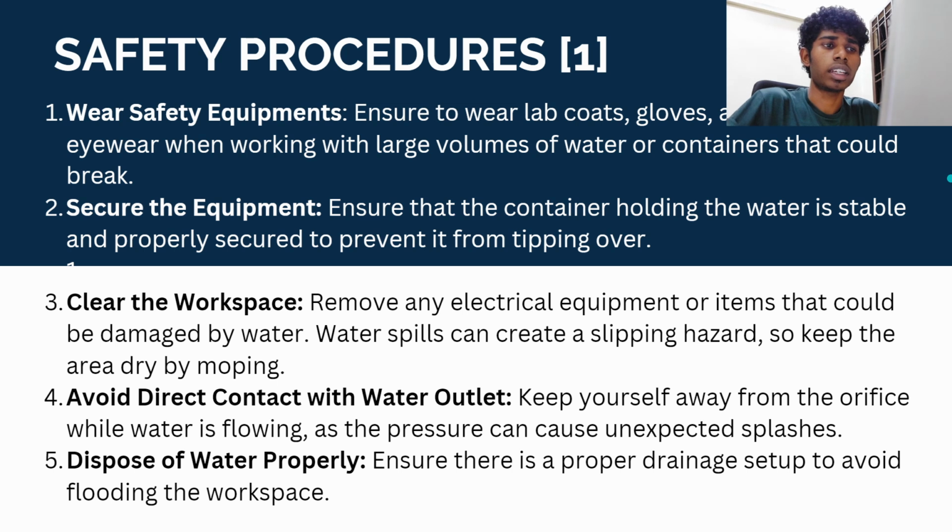Fourth is to avoid direct contact with the water outlet, because water flowing with high pressure can cause unexpected splashes. Last but not least is to dispose of our water properly. So there needs to be a drainage system to avoid flooding the workspace.